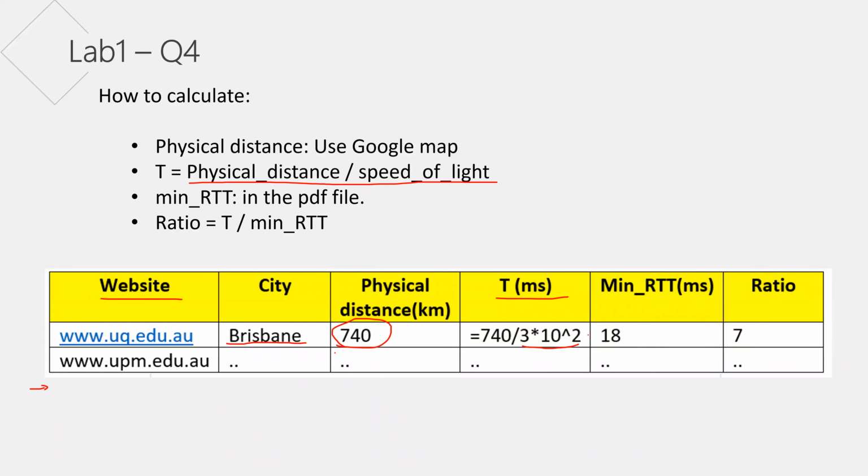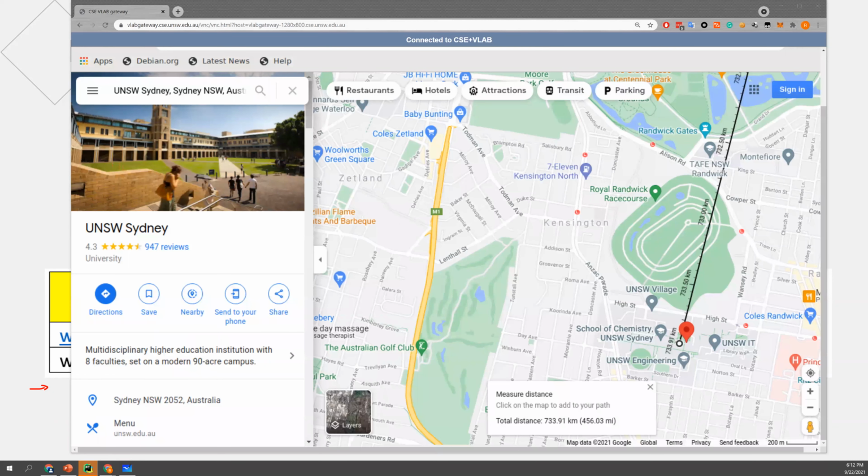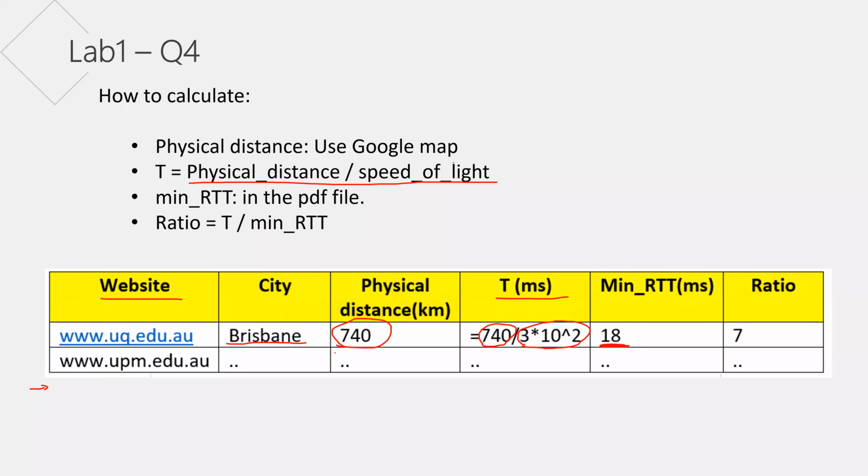This one is the speed of light. This one is the distance. And then how can we get this number? Minimum RTT, round trip time. Then we need to go back here. Yep.